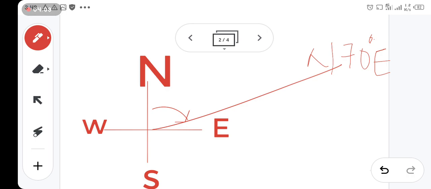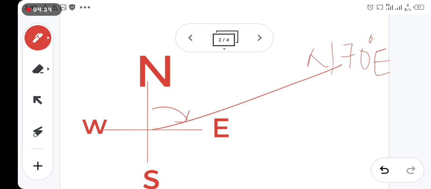So this is the compass bearing. It's the same diagram as before, but we're using the compass bearing. We started from the north axis, and then we moved 70 degree in the clockwise direction.